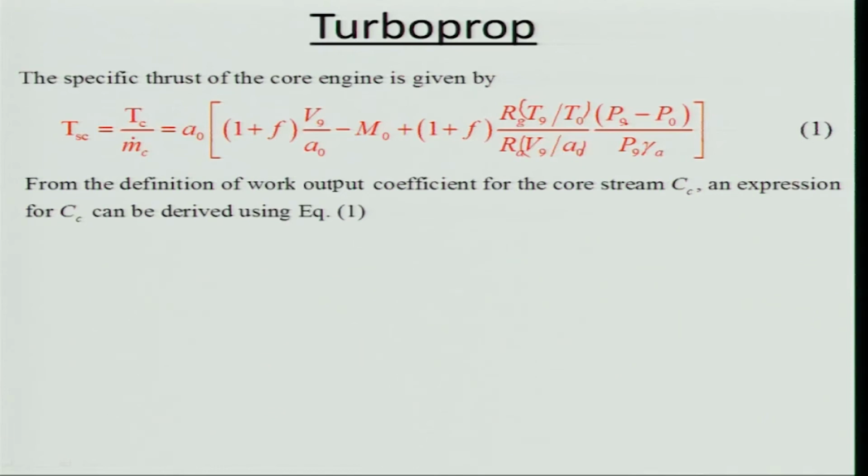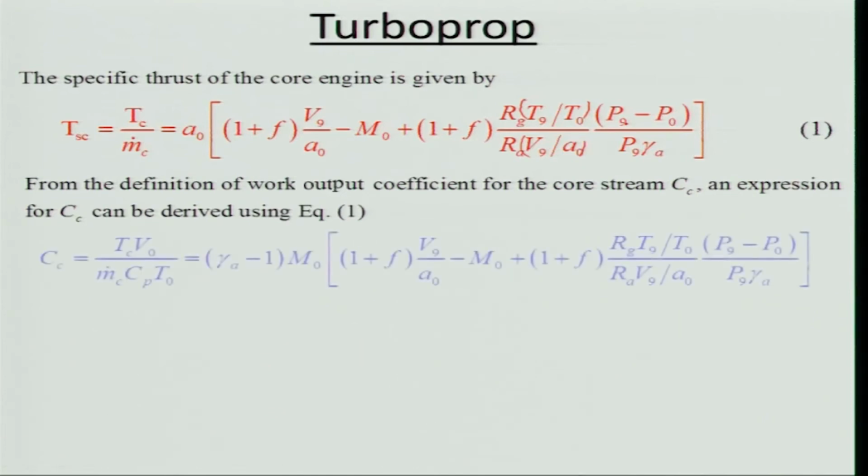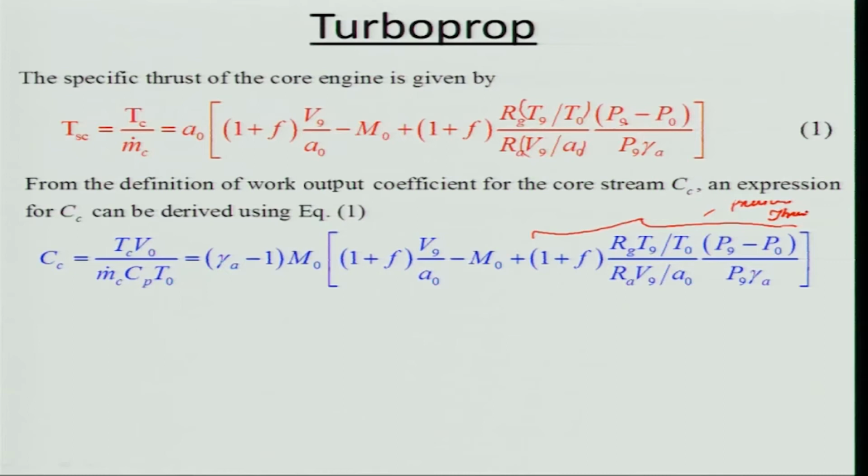From the definition of the work output coefficient for the core stream, one can get T C V naught divided by m dot C and C P and T naught. You can derive this expression very easily. We had done a similar thing in the case of the ideal cycle, except this term is due to the pressure thrust, which is extra because here the nozzle is not fully expanded.